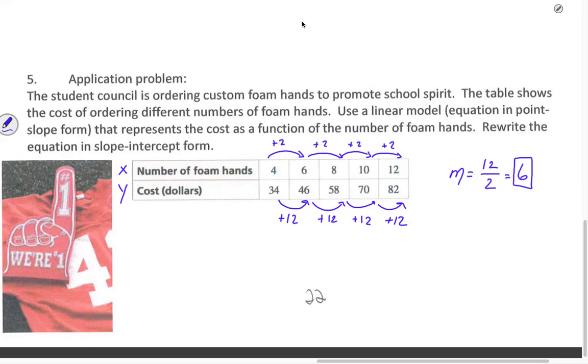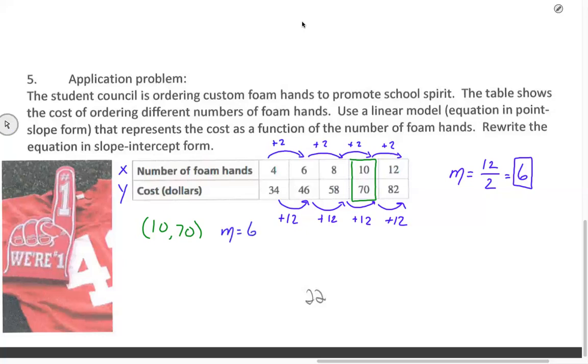Now I need a point. Doesn't matter what point I choose. Let's go ahead and choose this point right here. So that's the point 10 and 70. I liked it because they were both ending in 0, nice, easy whole numbers. All right, my slope is 6.